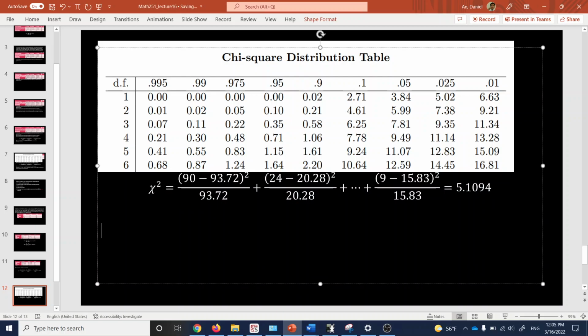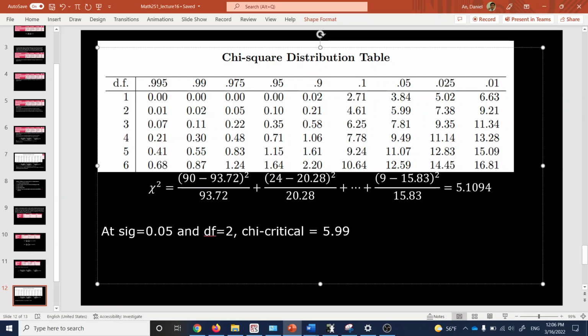So at significance level 0.05 and degrees of freedom 2, chi critical equals 5.99. Okay, so we got the test statistic as 5.1 and the critical is 5.99.